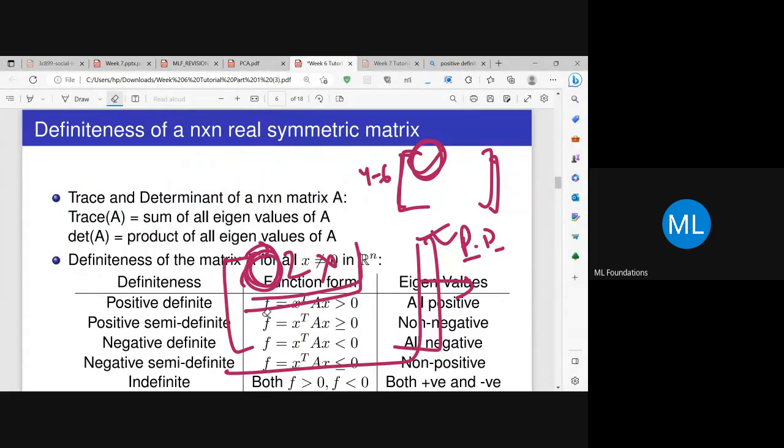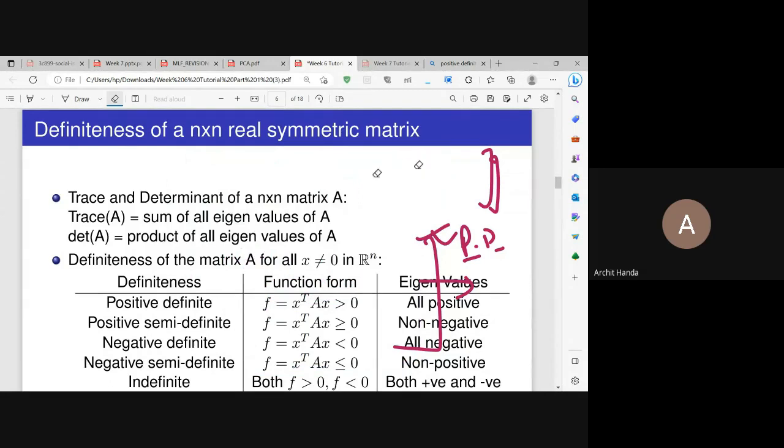Just to clarify, what you said was that instead of finding X transpose AX, we can just find the Hessian matrix and check whether it is positive semi-definite or definite. Yes, correct. You can do it with this term also, X transpose AX, and see whether it is greater than 0 for all values of X. This is simply the energy conserved by that function.